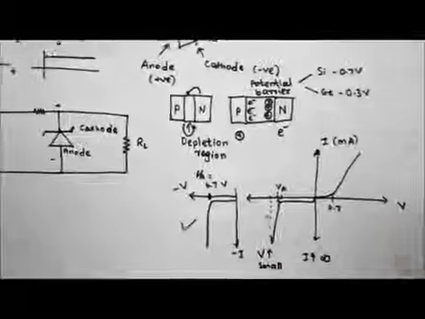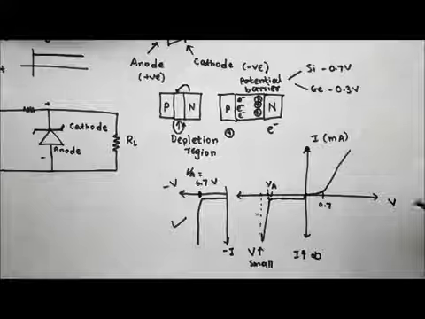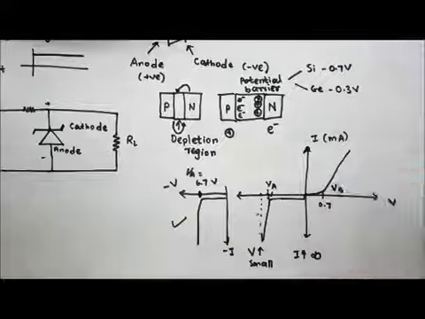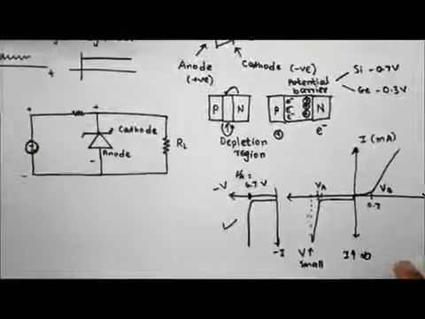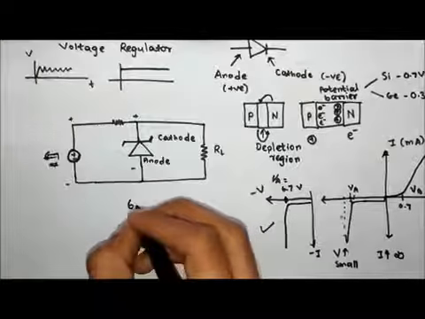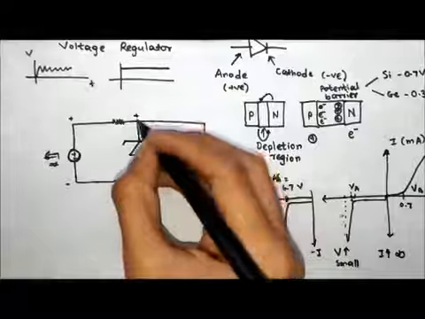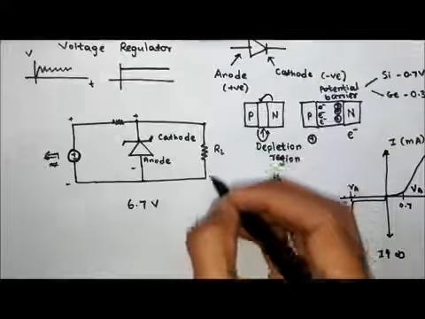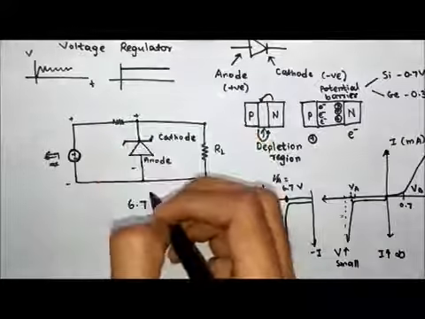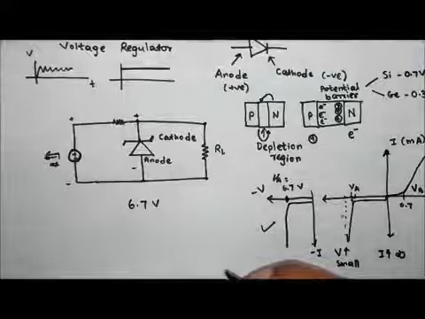Okay, one more thing, don't get confused between avalanche and breakdown voltage. Avalanche is when it is in the reverse bias, and breakdown is when it is in the forward bias. Okay, suppose the Zener diode is receiving 6.7 volts. What does that mean is, now as you can see, this diode and load resistor are in parallel, which means if there is 6.7 volts across the diode, there will be 6.7 volt across the load resistance as well.